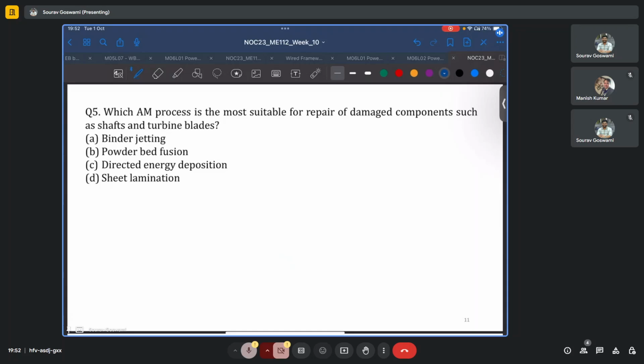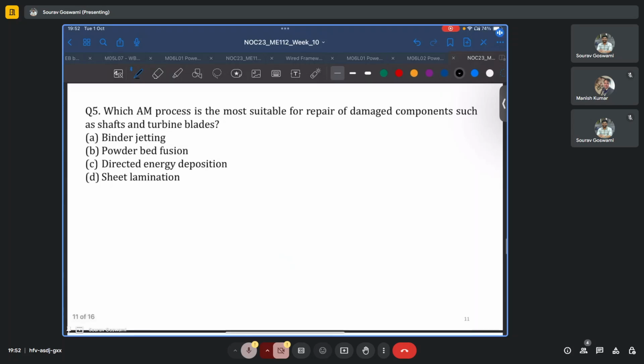Question 5 is asking us, which AM process is the most suitable for repair of damaged components such as shafts and turbine blades? So during the discussions, we saw how there was, say, a turbine blade.